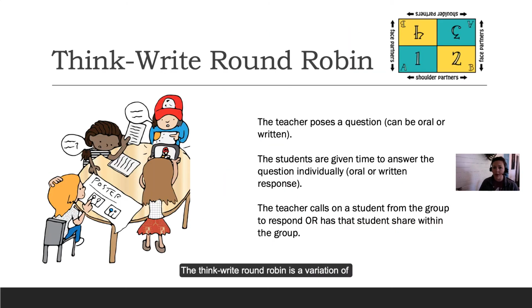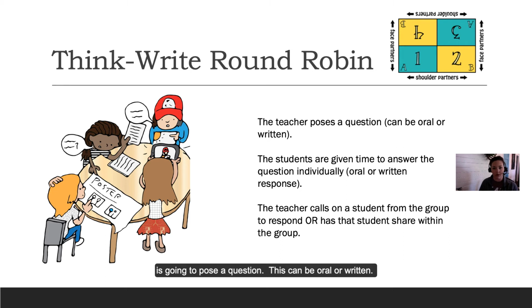The Think Right Round Robin is a variation of a cooperative learning technique just called Round Robin. You're going to have a group of 4 at a table. Oftentimes the teachers will have a card taped to the center of the table with who's person 1, 2, 3, 4, or who's person A, B, C, and D. The teacher is going to pose a question.